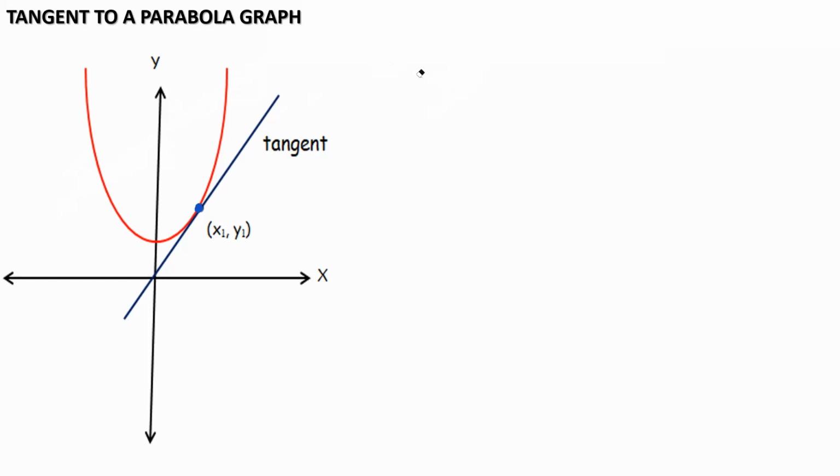Fine. Now, how then do we know the relationship? Let me give the red graph a name. Let me call it f of x, the quadratic graph. The tangent, the straight line, let me give it g of x. 2 things we must know. Notice that the point x1, y1 is the point where the tangent is occurring. This point, x1, y1, is the point of contact between the tangent graph and the parabola.